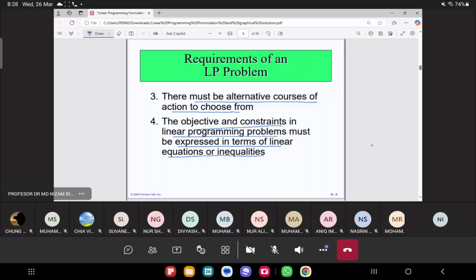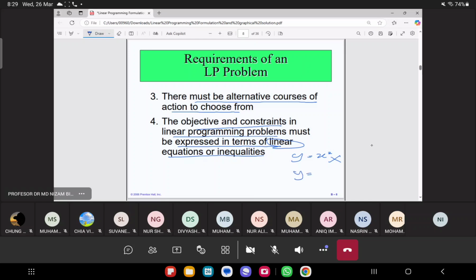So linear means what? Linear means there is no quadratic form, so on and so forth. So in your equations, in the mathematical model that you're going to develop, all the variables must be linear. So if y equals x squared, this is quadratic, this is not linear, so this is not acceptable.